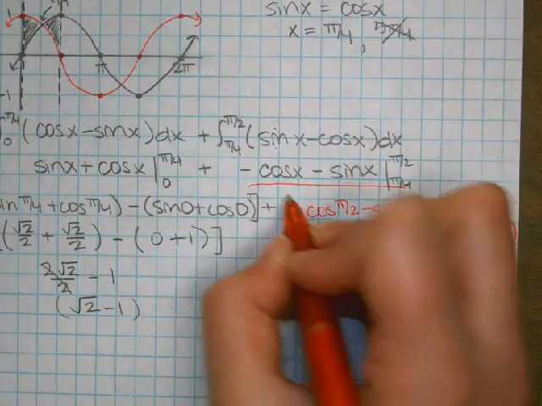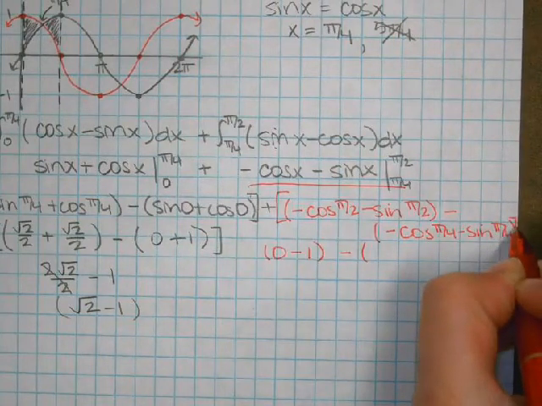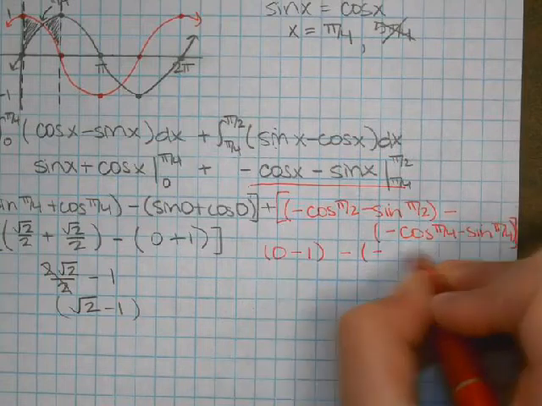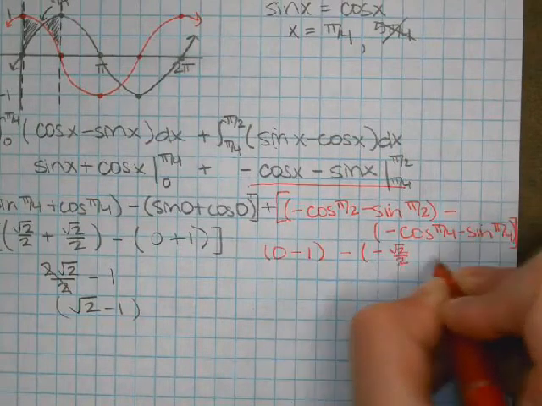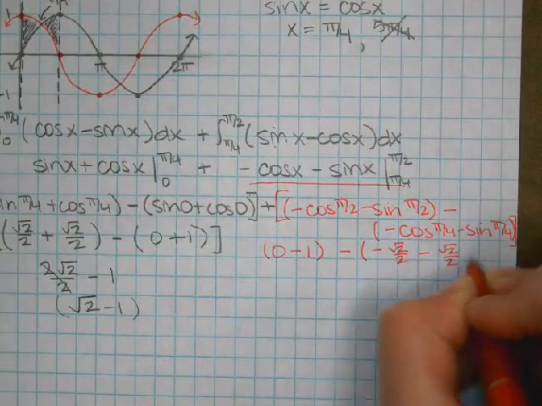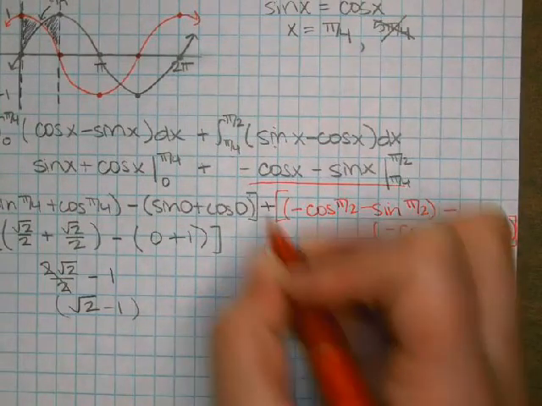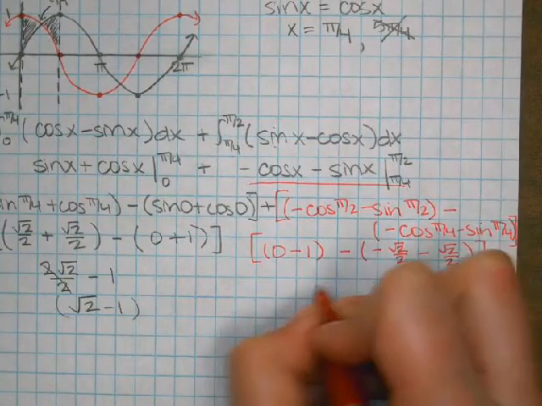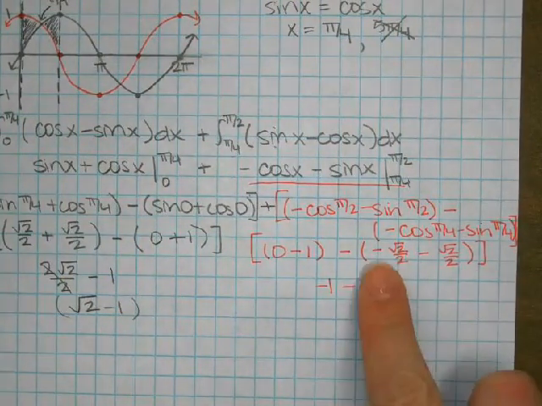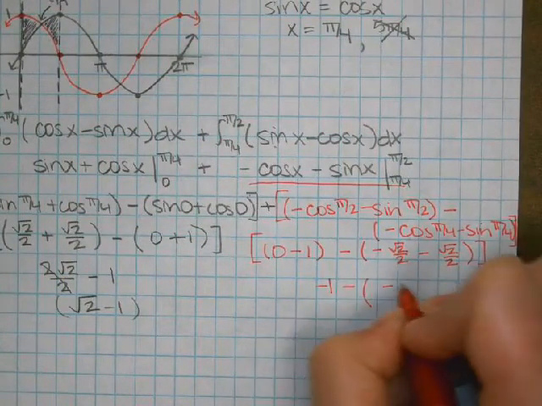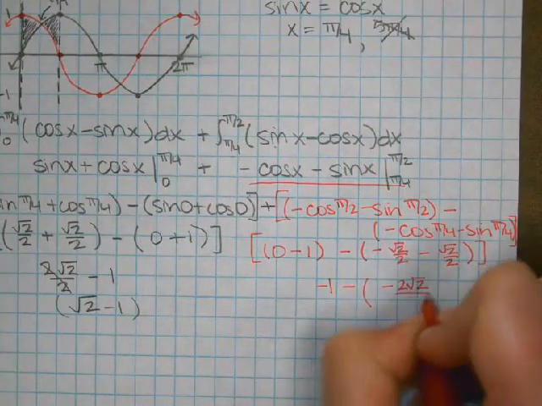And then I have negative cos of pi fourths, so that's going to be the negative of root 2 over 2. And then I'm subtracting sine of pi halves, which is just root 2 over 2. So I have 0 minus 1, which is negative 1, and then I'm subtracting off, I have 2 of these, so that's negative 2 square root 2 over 2.